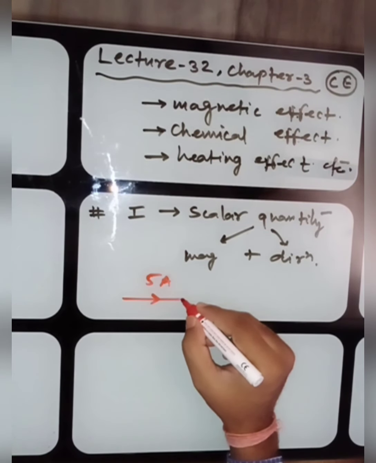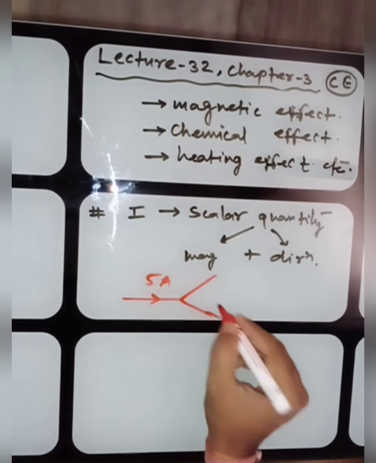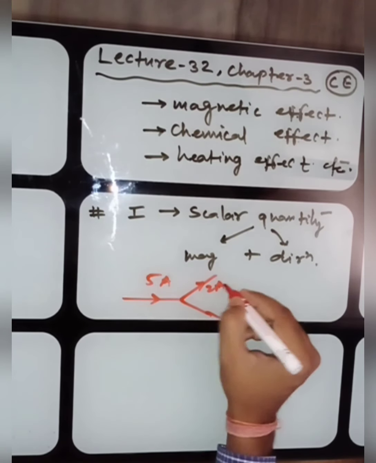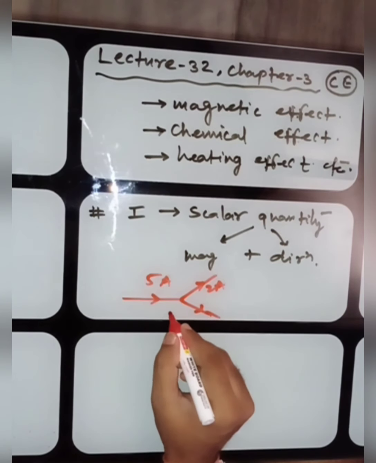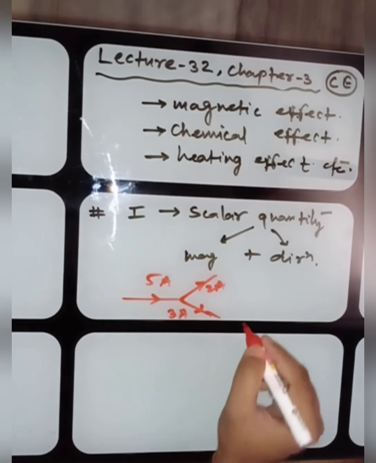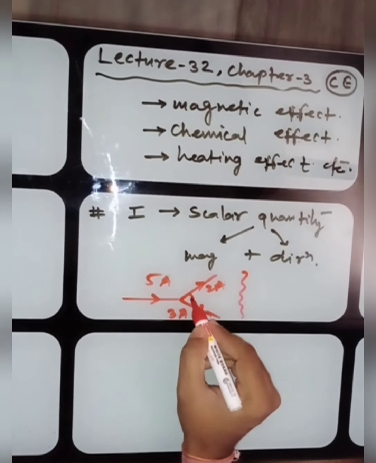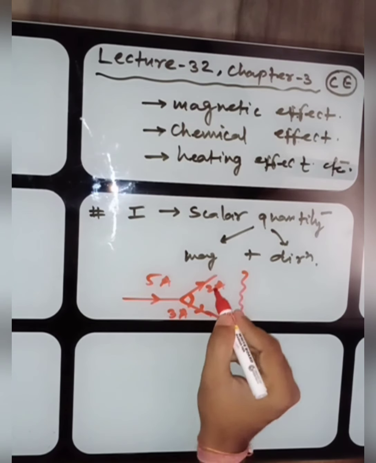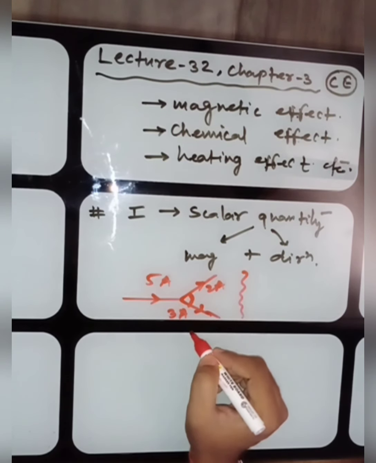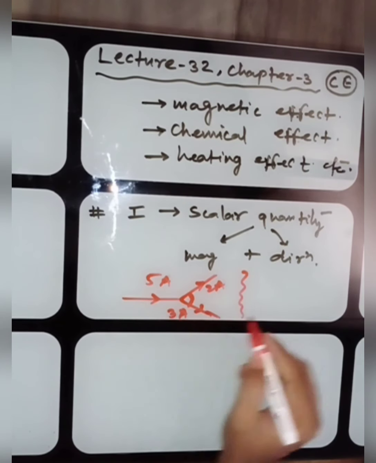Now, two conductors are connected from here. If 2 ampere flows in this direction, then what will be the amount of current here? The 3 ampere. Have you ever seen, while changing the angle between these two conductors, the amount of current going in these directions change? The answer is no. Here the 2 ampere goes and 3 ampere goes.